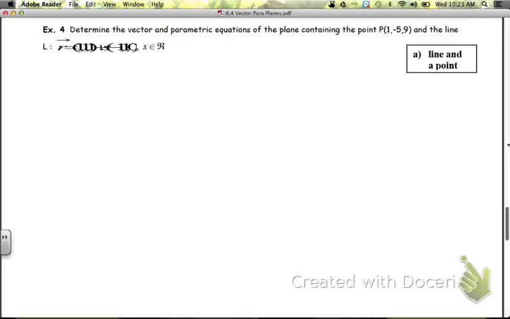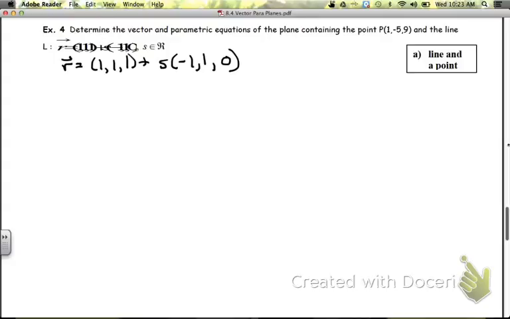Now, in example 4, we want to determine the vector and parametric equations of the plane containing our point P and the line. We're going to have to rewrite our line here, where r is equal to (1, 1, 1) plus s times (-1, 1, 0). So here you notice that we have a line and a point.